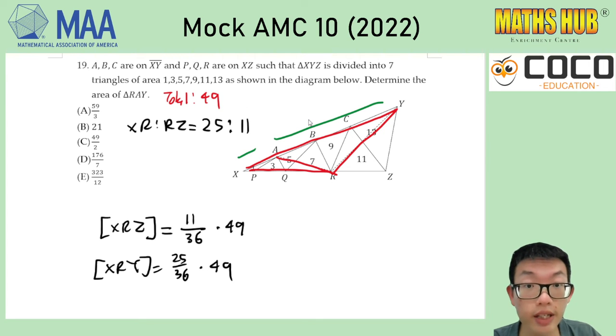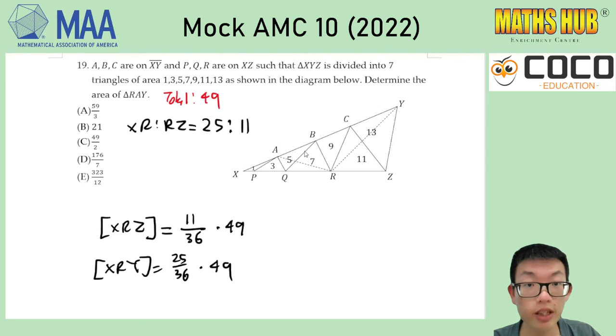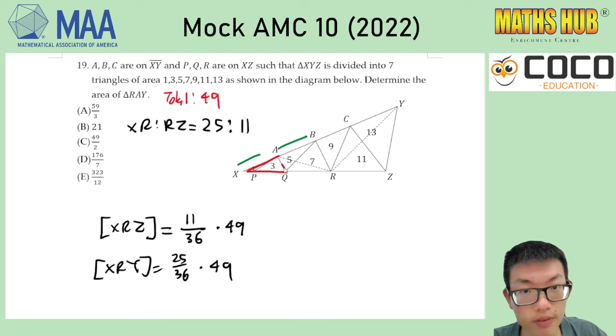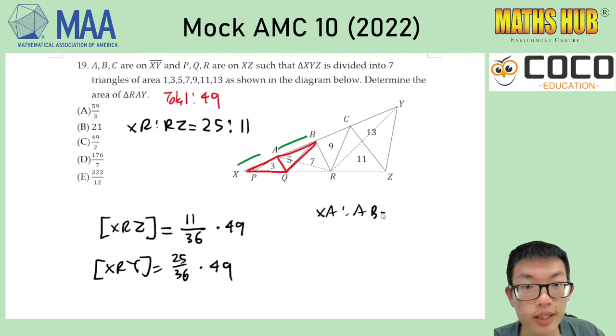And in order to get the ratio, I realized that, well, in the first place, I just wanted to subtract off XAR. So I don't need to compare it to the whole thing. It is enough if I just compare it to something else. And I think comparing it to the one nearest to it is a bit easier, because I can do this. So it means that XA to AB is 4:5.